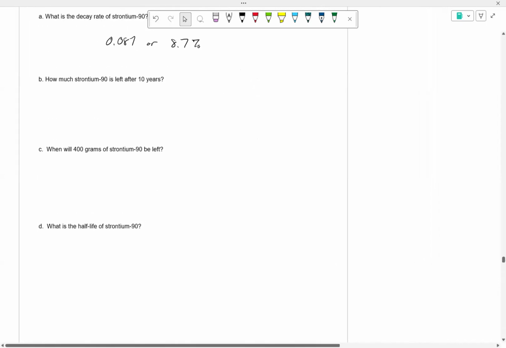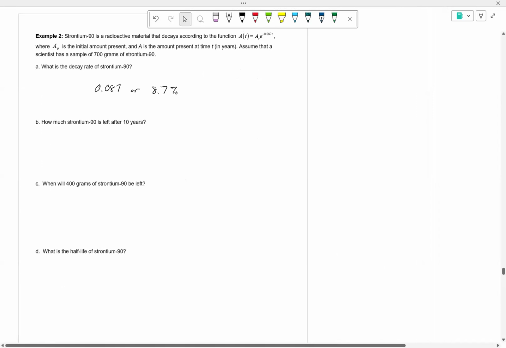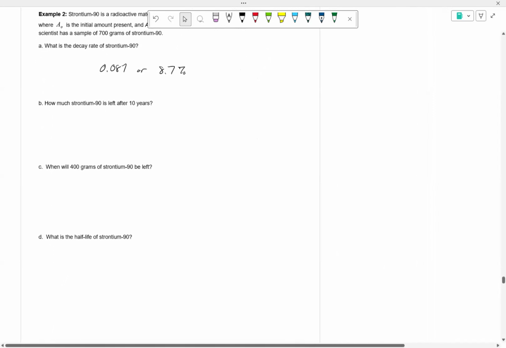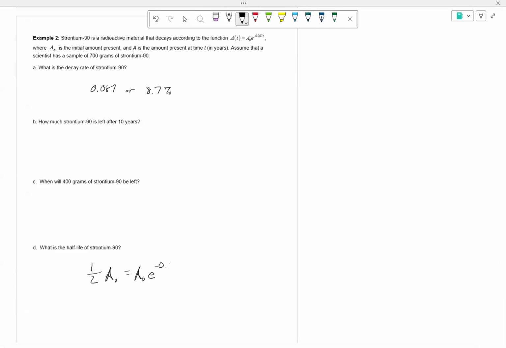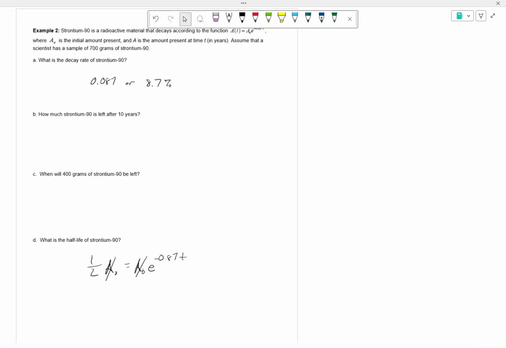And here it tells us that we start with 700, but you could just write 1/2 the initial amount equals A naught e to the 0.087t. Either way, we get to 1/2 equals instead of 2 equals. Thank you for pointing that out. That is a significant difference. And then the A naughts cancel. Or the 700 and the 350 cancel.